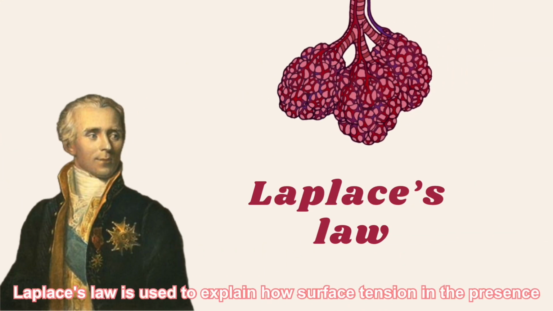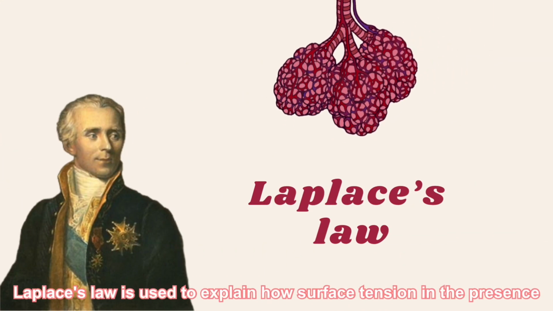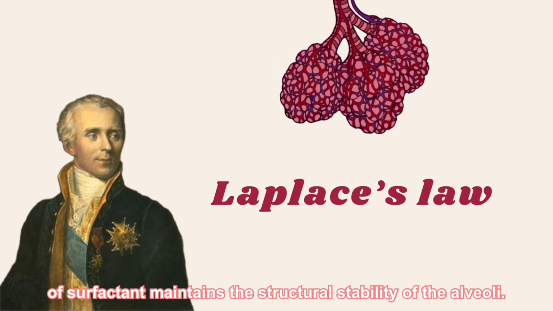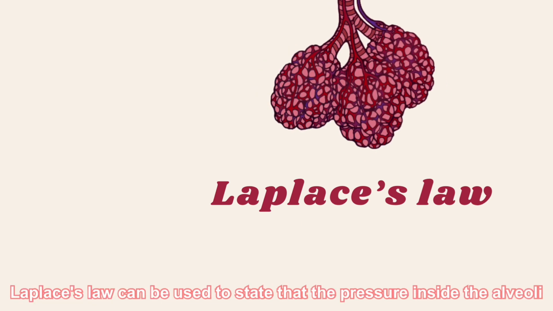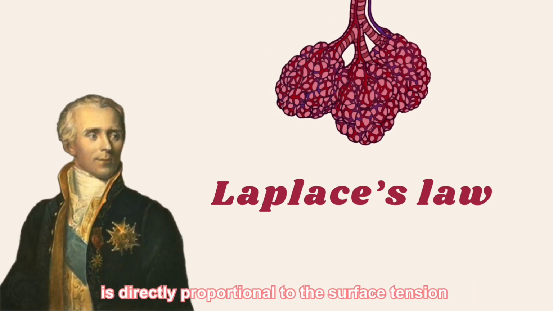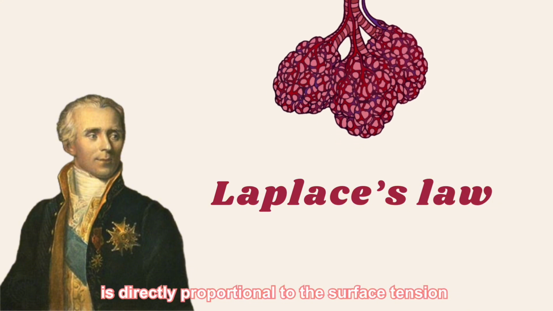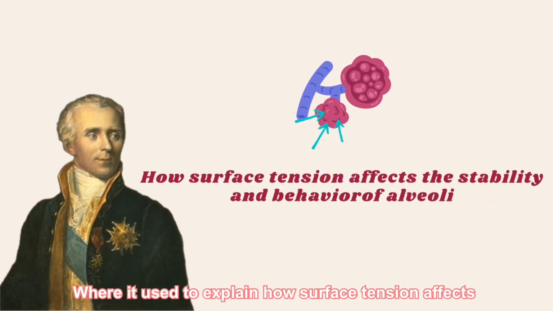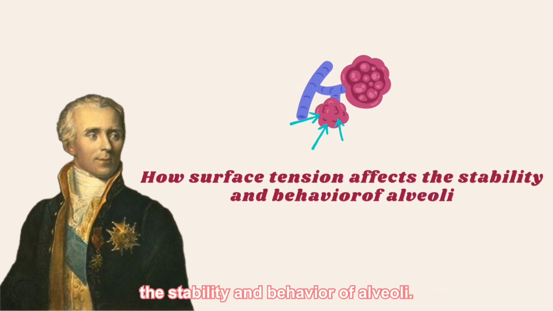Laplace law is used to explain how surface tension in the presence of surfactant maintains the structural stability of the alveoli. Laplace law states that the pressure inside the alveoli is directly proportional to the surface tension and inversely proportional to the radius, which explains how surface tension affects the stability and behavior of alveoli.